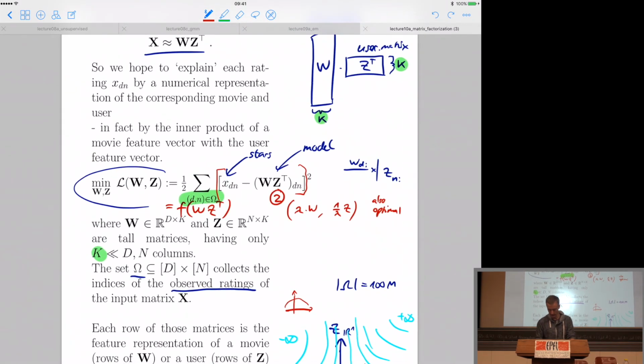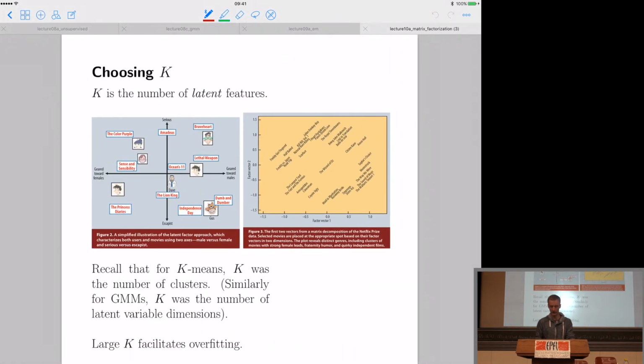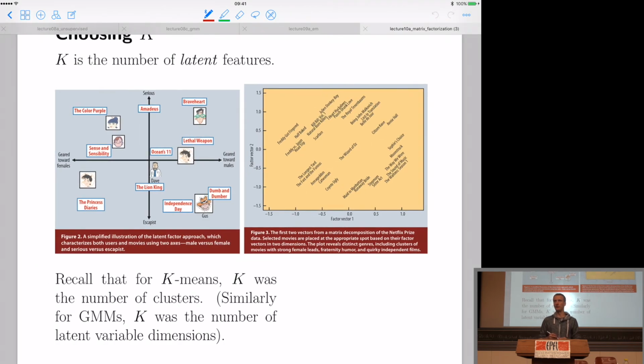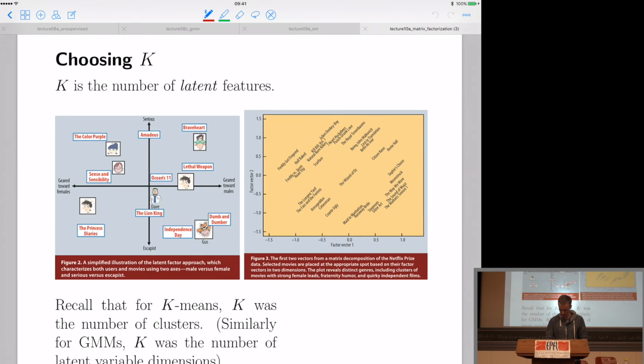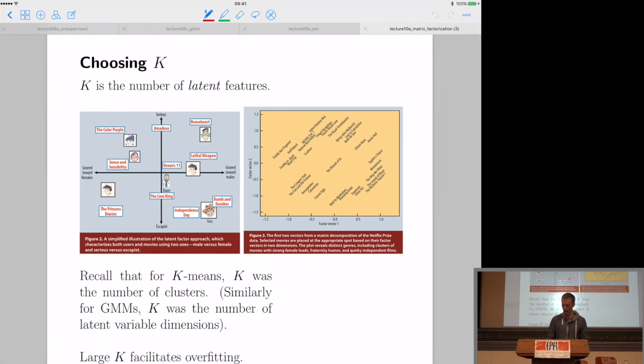And so that can also be used for text, to learn representations of words. Same story as with k-means. Choosing how many latent variables k you want to have is not such a clear story. There's no very precise answer to give here.